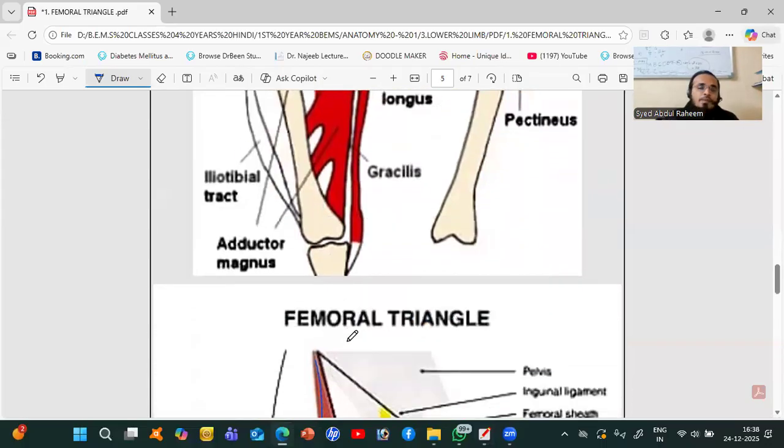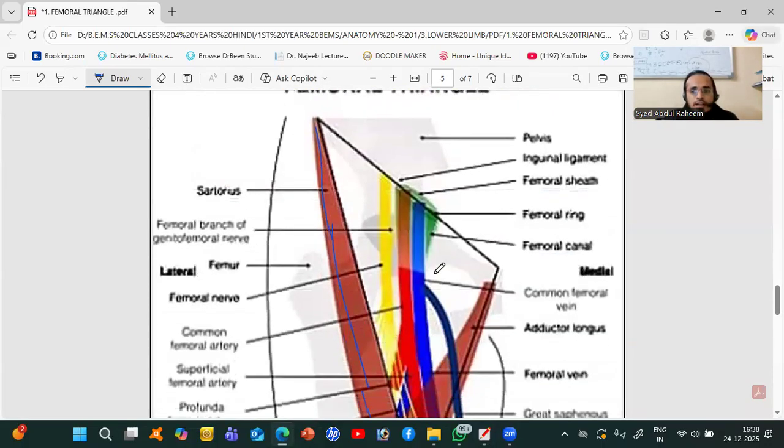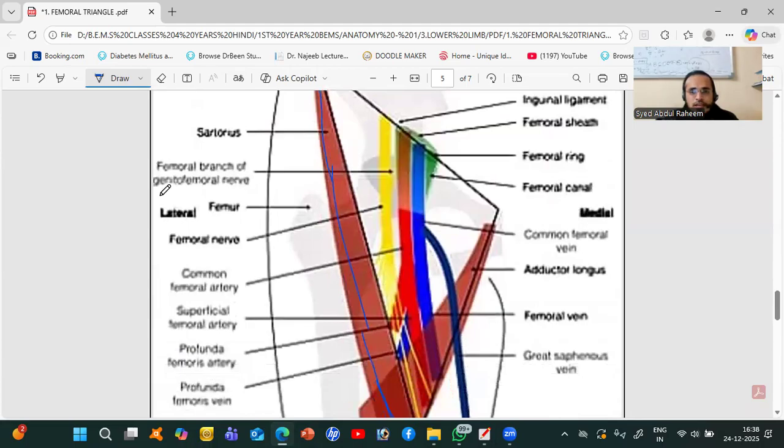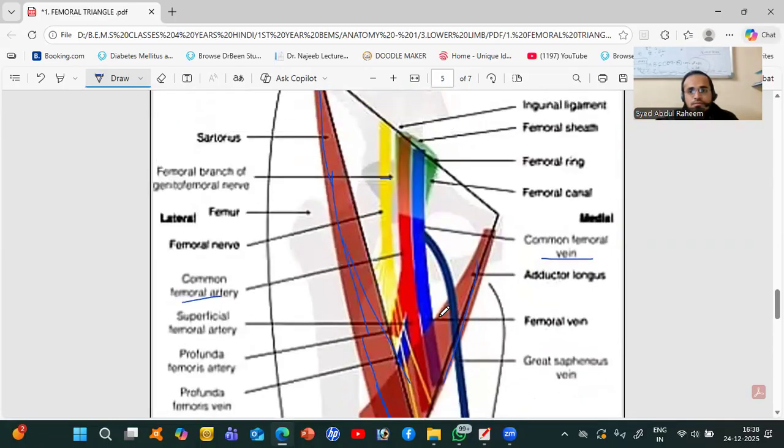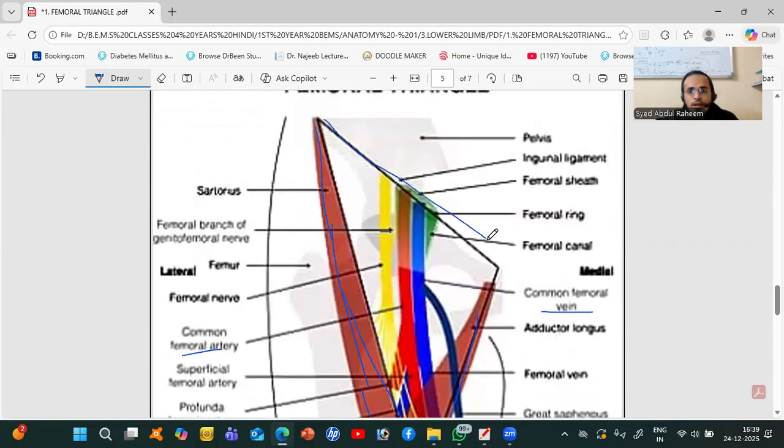We studied the femoral triangle and the contents passing through. You can see the femoral branch of genitofemoral nerve, femoral nerve. This is common femoral artery. This is common femoral vein. This is adductor longus. This is sartorius. This is the inguinal ligament.